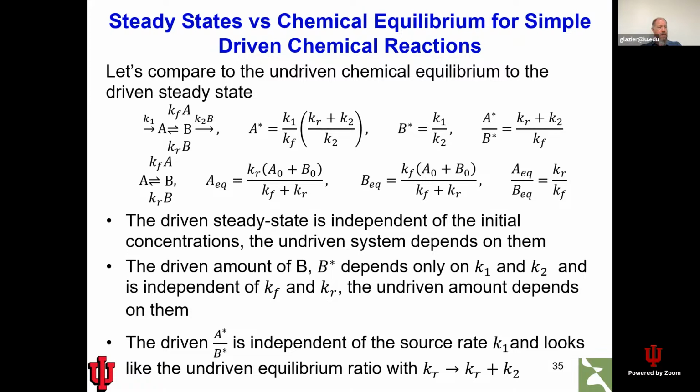One of which is the driven steady state, that's the first one, doesn't depend on my initial concentrations. The amount of A and B I wind up with is independent of how much I started with. In the equilibrium one, the amount I wind up with depends precisely on how much I started with. You notice in the second one, the amount at equilibrium depends on A0 and B0, the initial amounts.